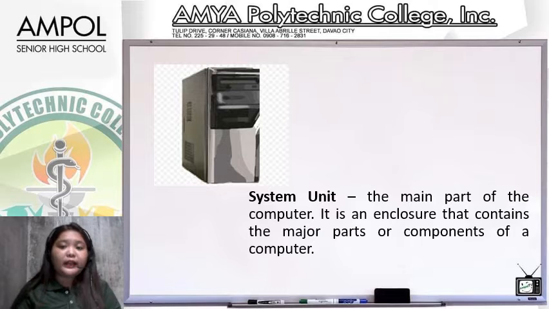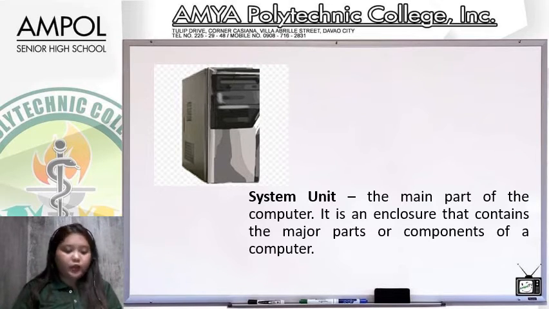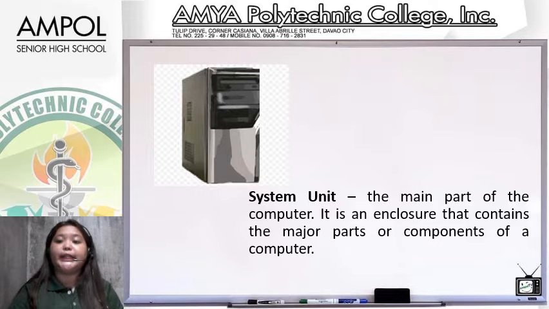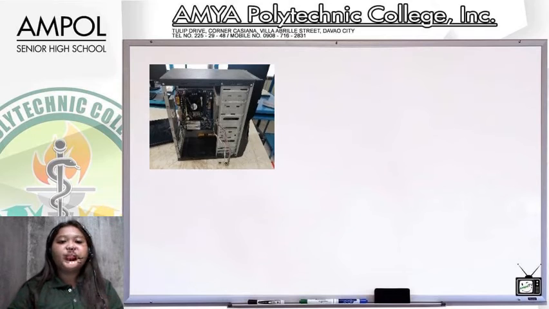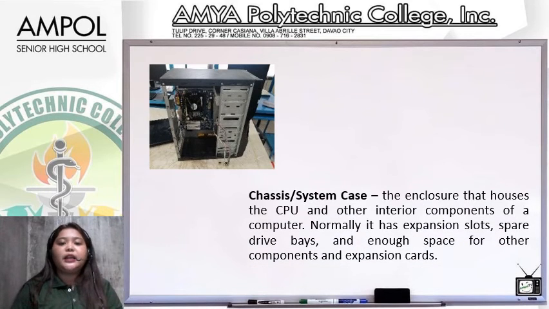The system unit, as we all know, is the main part of the computer. It is an enclosure that contains the major parts of a computer. Let's see what is found in the system unit. First is the chassis or the system case, the enclosure that houses the CPU and other interior components of a computer.